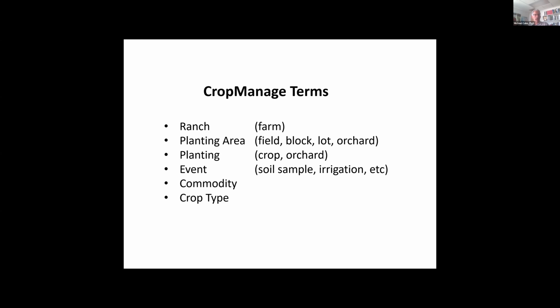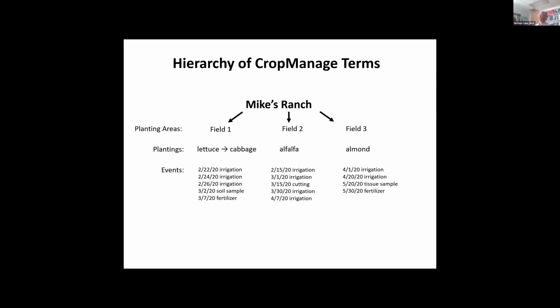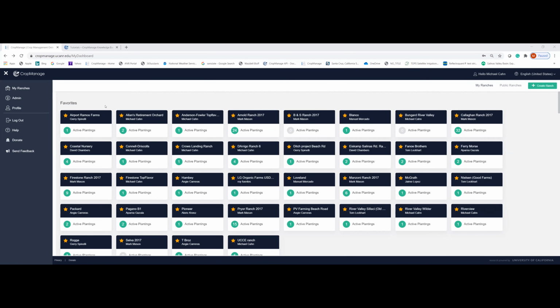We've talked about different commodities that might be tomato or lettuce, but also the term crop type, which could be a type of tomato, like processing tomato or cherry tomato or romaine lettuce, or it may be the planting configuration, romaine lettuce on 40-inch beds. So there's sort of this hierarchy of terms that we use. So planting areas are within a ranch, and then you add plantings to your planting areas, and then events to those plantings.